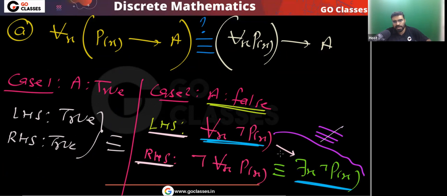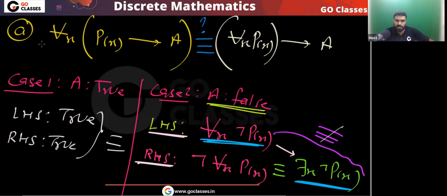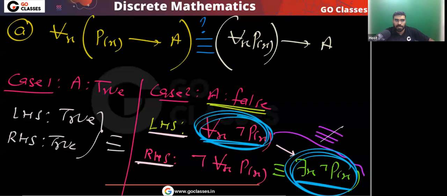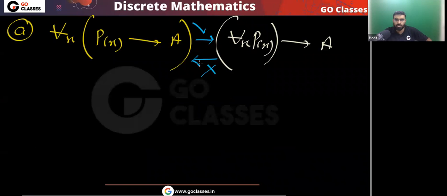Because LHS is saying for everyone P is false, and RHS is saying for at least one person P is false. And you know that if this happens, then definitely this will happen. So I can say LHS implies RHS. Understood this point? Something interesting. This point is clear. Let's see part B.